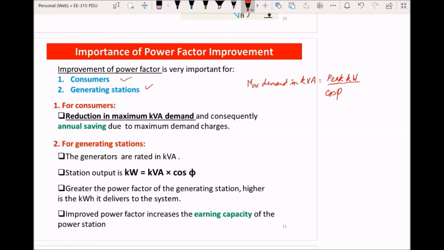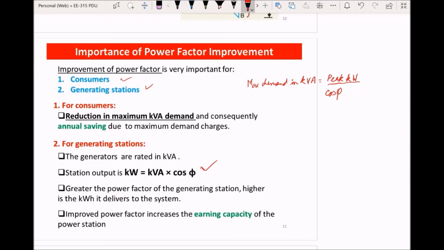From a generating point of view, generators are usually designed without any loading information, but the useful output, which is in kilowatt, depends on the real power being demanded from it. From this expression, the number of useful units depends on cos phi.